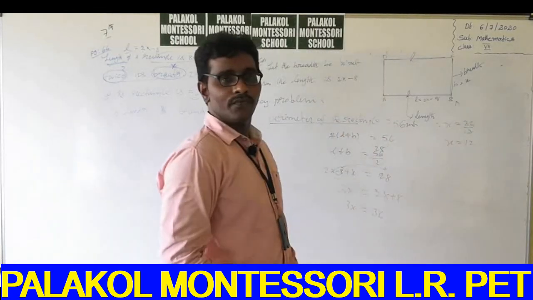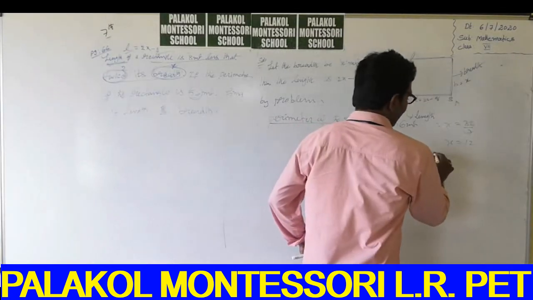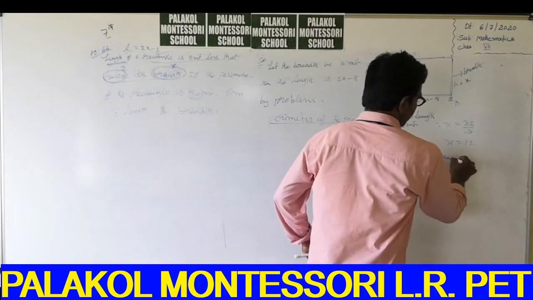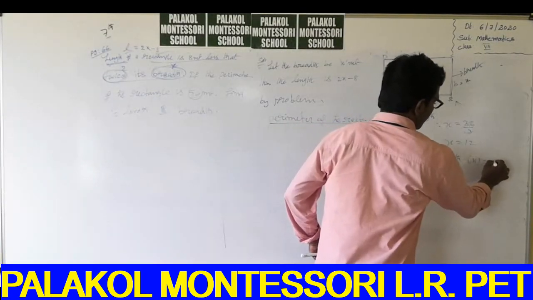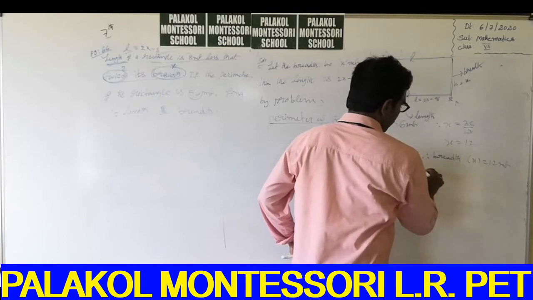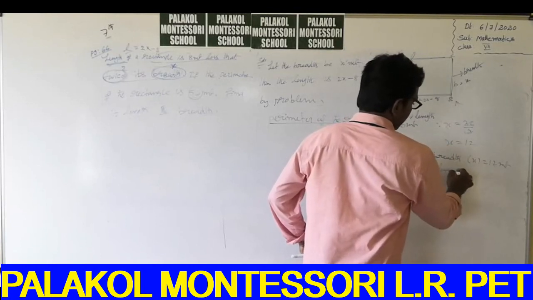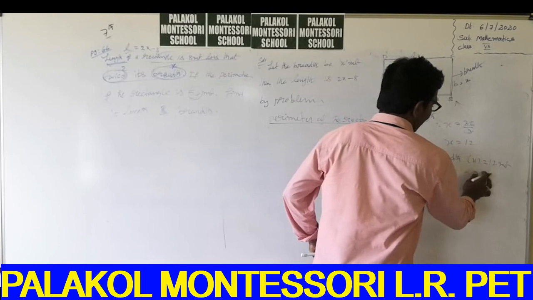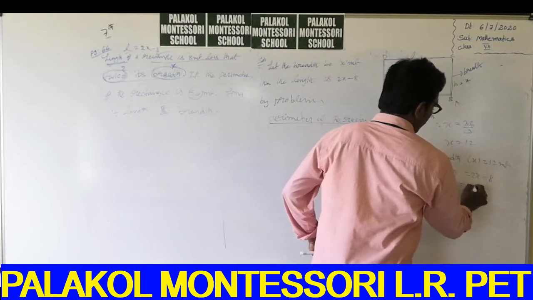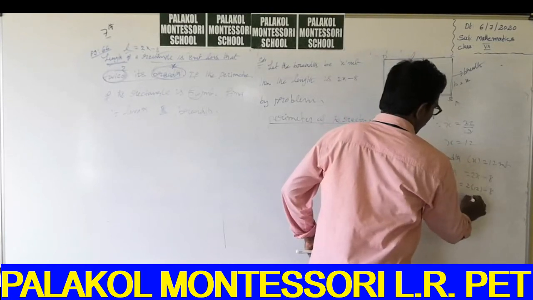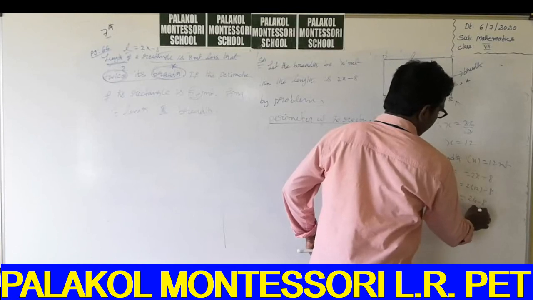What is the meaning of x? x is the breadth. So breadth is 12 meters. Then the length is 2x minus 8, so 2 of 12 minus 8, 24 minus 8, 16 meters.